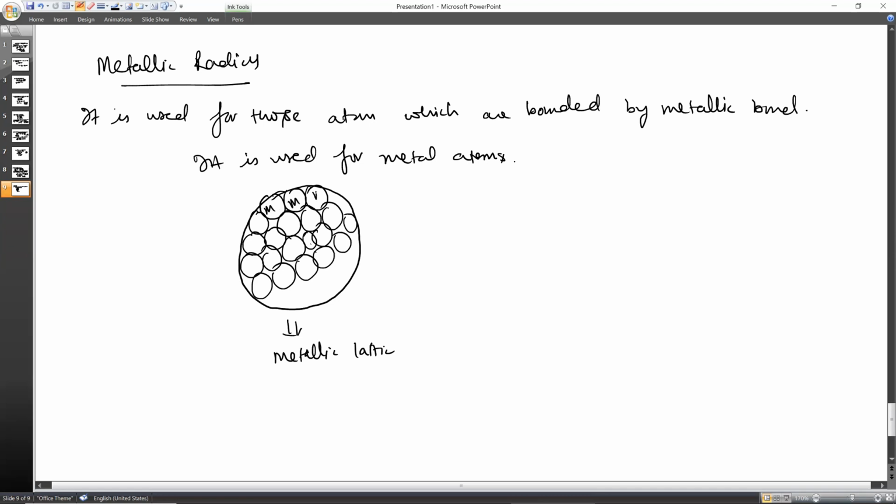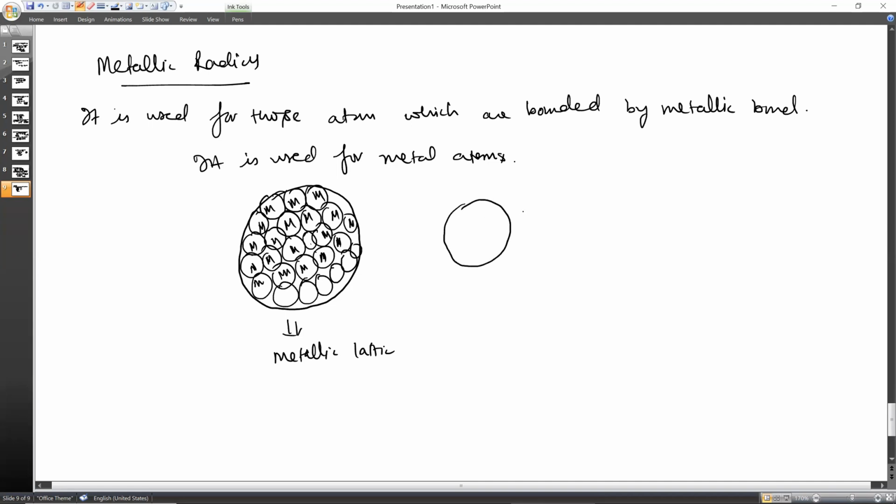So these are the metal atoms in the crystal lattice, and what is actually the metallic radius? This is in the whole lattice as a whole.